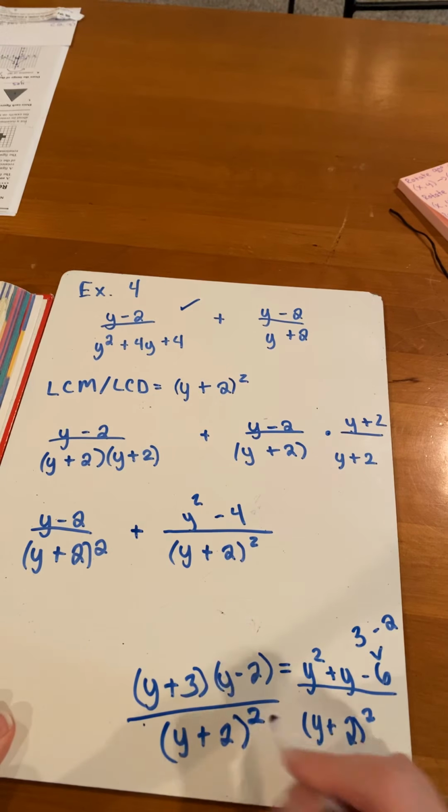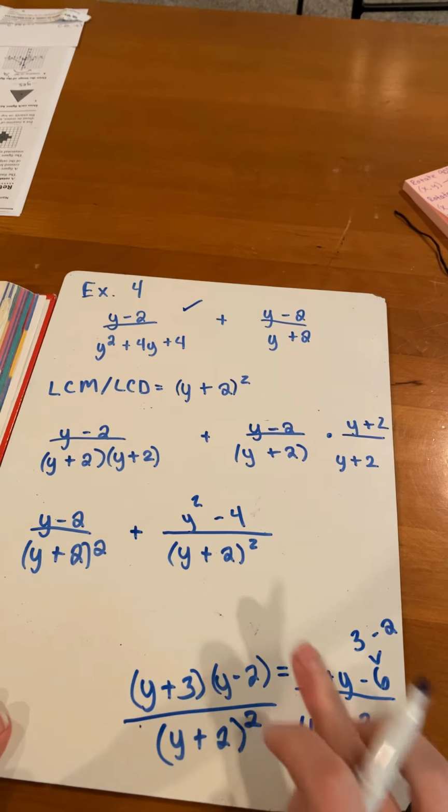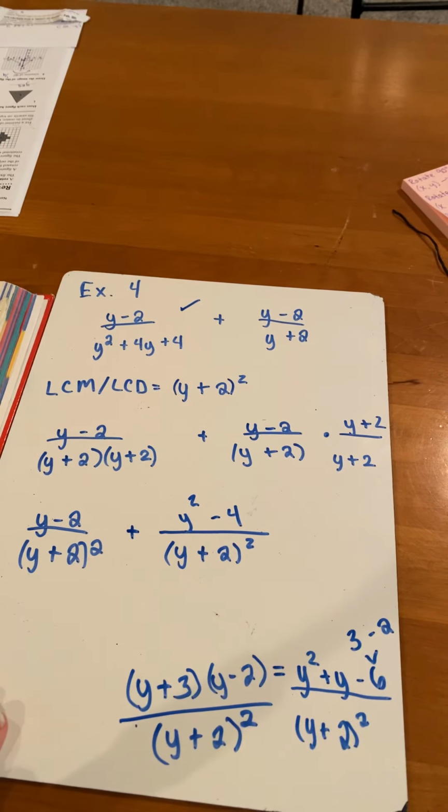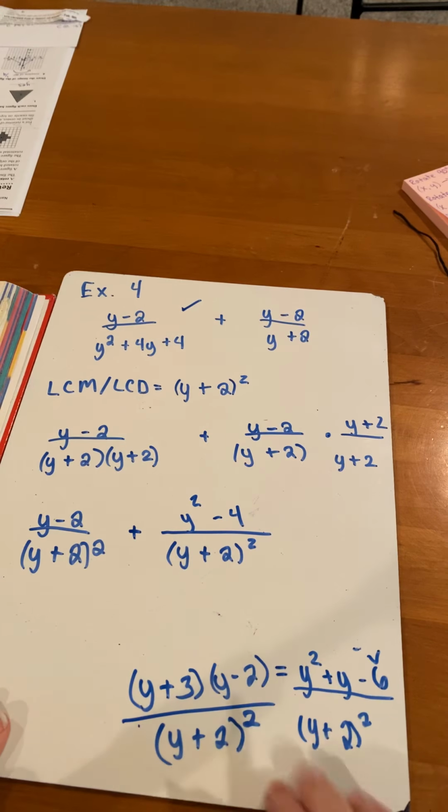And you'll notice, unfortunately, I have nothing to cancel out. I have a y plus 2 in the denominator, but y minus 2 in the numerator. So unfortunately, or fortunately, up to you, this is as simplified as it gets, and we're finished at this step. Very good.